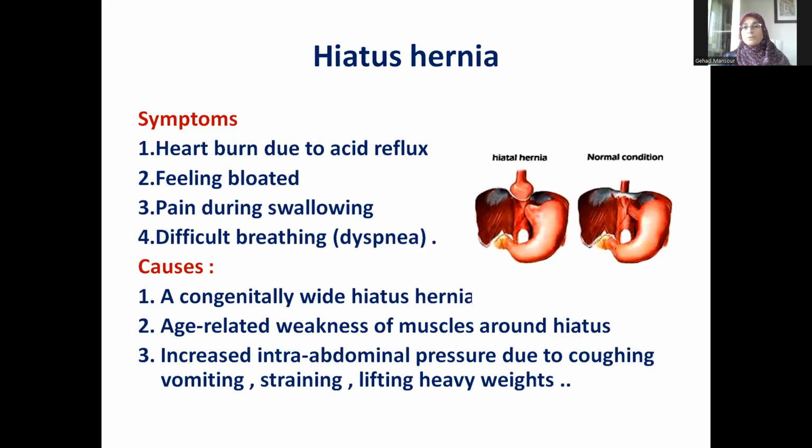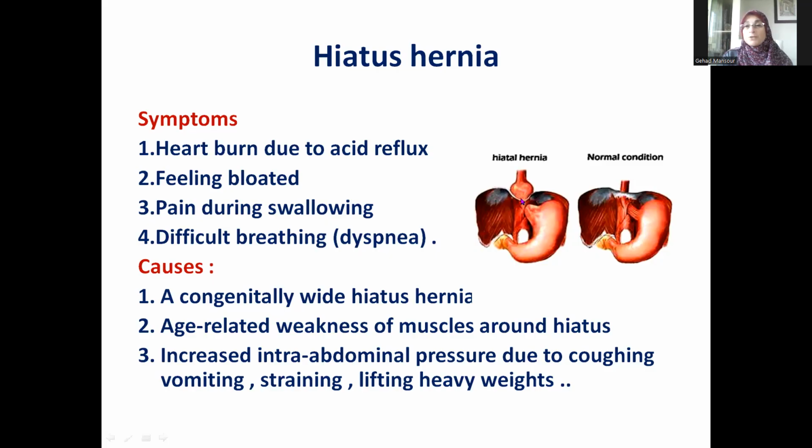On the other hand, we have hiatus hernia. Hiatus is the normal opening in the diaphragm that allows the passage of the esophagus. If that hiatus is of normal size, then no problem would occur. It will just allow the esophagus to go from the chest cavity to the abdominal cavity and join the stomach.